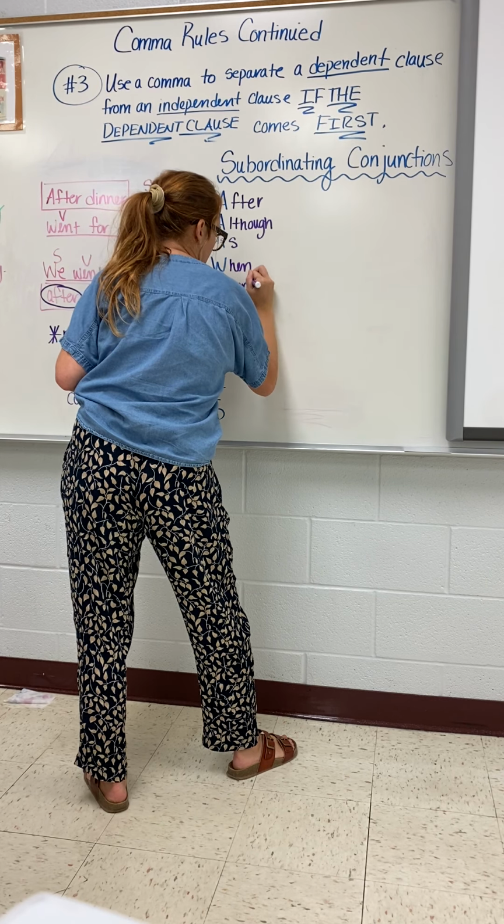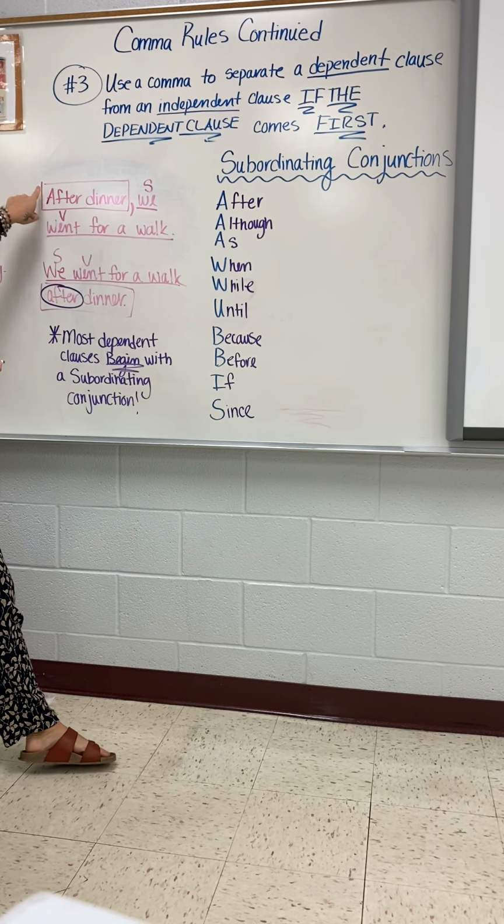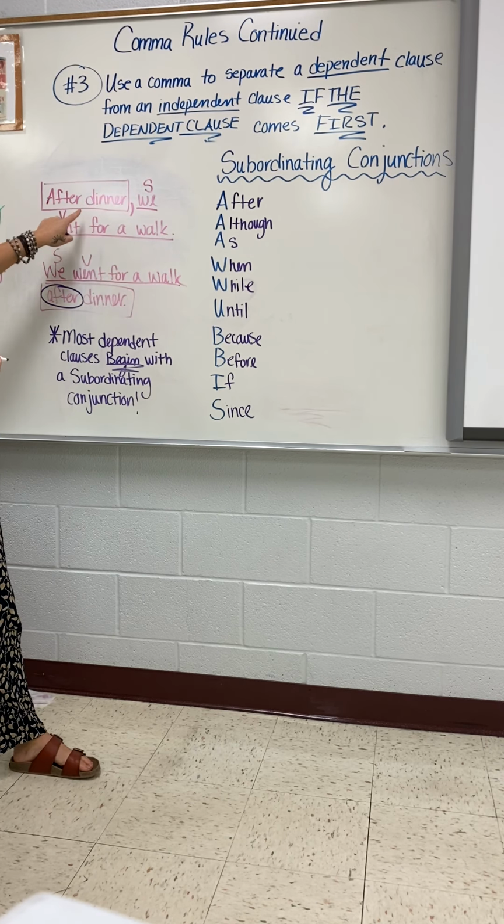So, again, like I gave you the example here, if we start the sentence with after, with that subordinating conjunction, then we're going to have a sentence where we have to have a comma separating that dependent clause from that independent clause. So let's do one more example together. So I'm just going to randomly pick because. Let's talk about this one for just a second. Think back to all of your years of school, right?